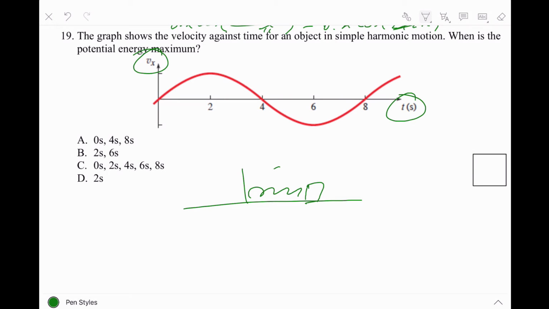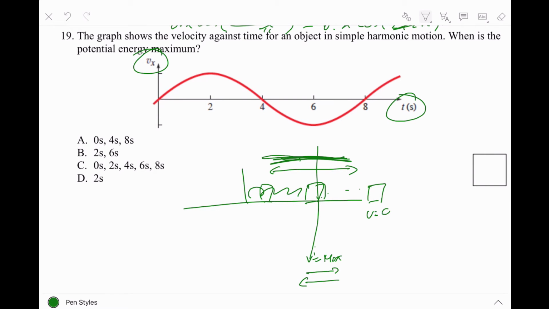This is oscillating here, moving like this. When it's at the equilibrium position, the velocity is maximum, either this way or this way. When it reaches the two ends, the velocity is 0. Got it?